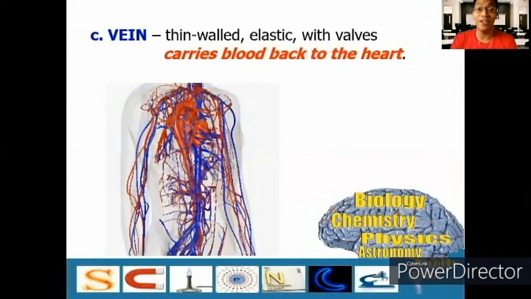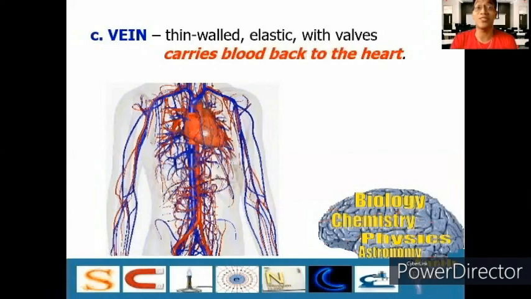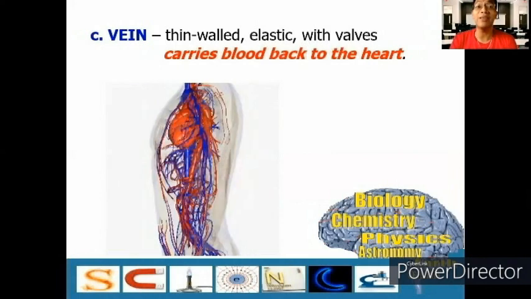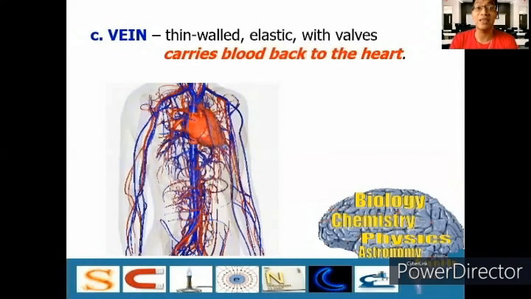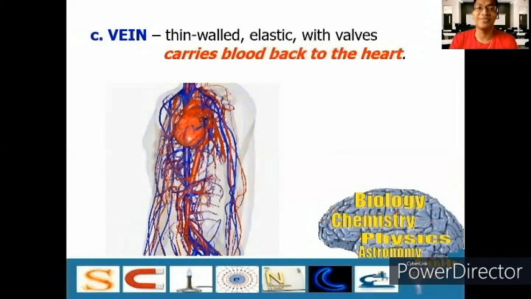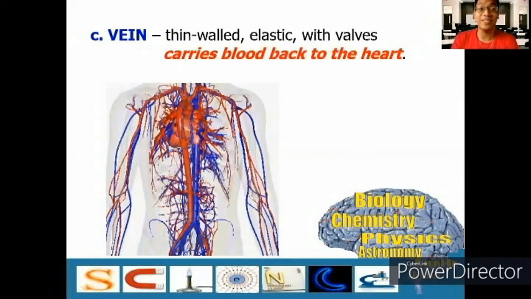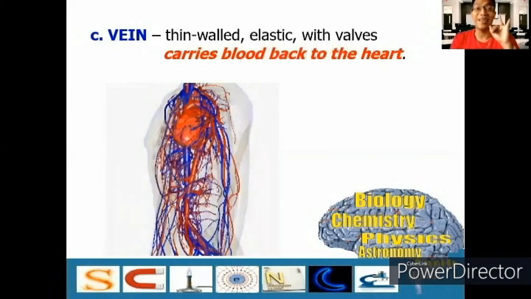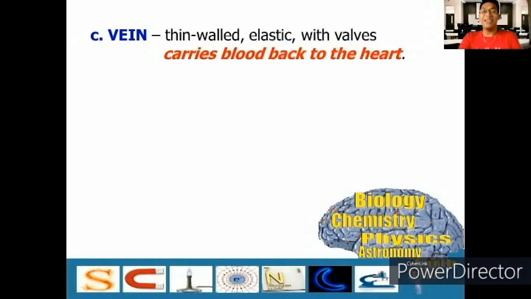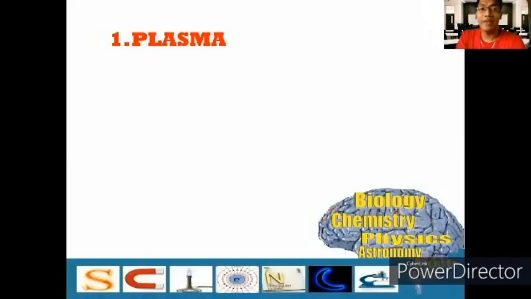Then afterwards, the blood that has no oxygen, or also described as deoxygenated blood will be carried by the veins and it will be brought back to the heart. Once more, we have discussed here three types of blood vessels: the arteries, capillaries, and the veins. This time, let us explore the components of blood.